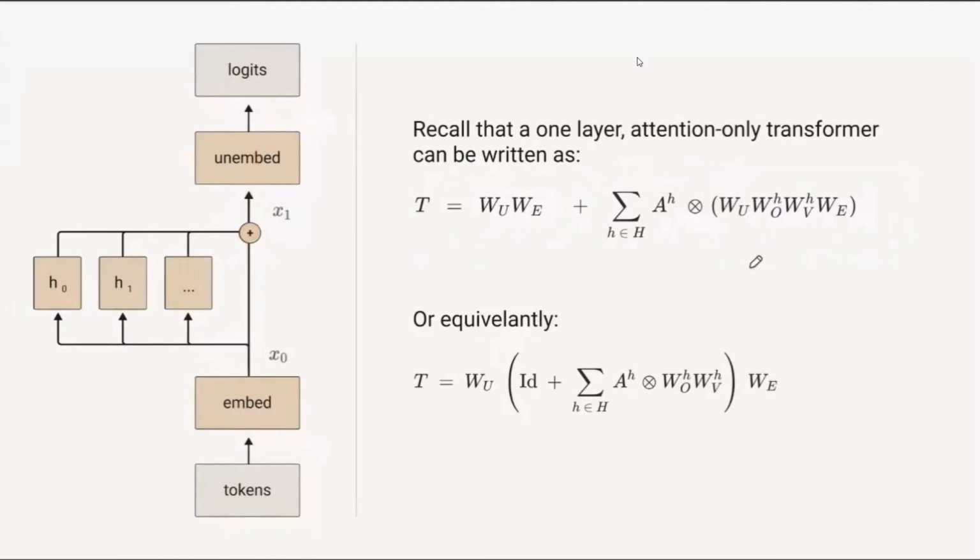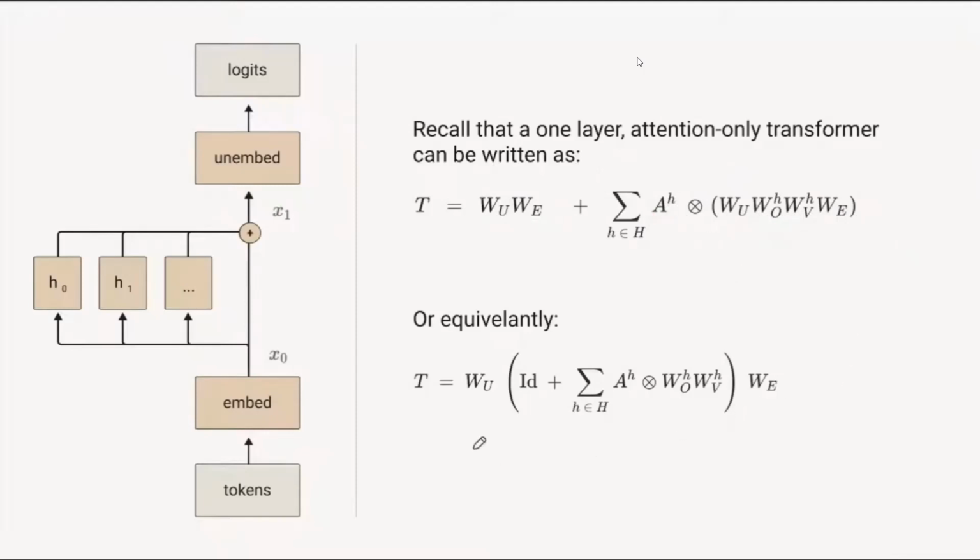And we found that there was a really nice interpretation of both of these. This could be seen as something like bigram statistics. And this term here tells us, if an attention head attends to a particular token, what is the effect on the logits? And this tells us where the attention head attends. So that was pretty useful.